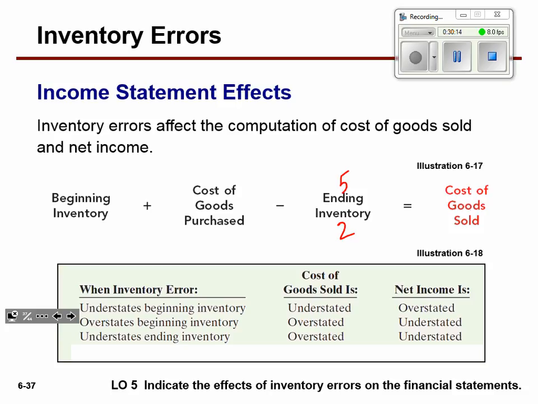If cost of goods sold is overstated, then that's going to make net income go down. And on the last one, if we truly have 5, but we said, I guess there's 10 still left there, it's going to make cost of goods sold look lower than it should be, resulting in a net income that's overstated, or we've made more money than we should have.